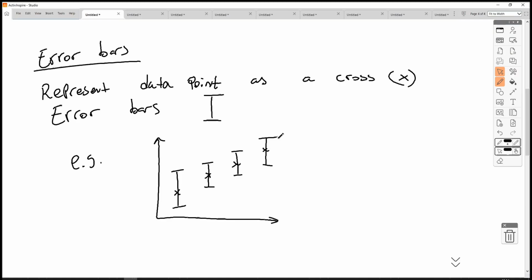So let's think of an example. Okay, so say for example, I wanted to change the height of a ramp and see how long it takes for a ball to roll down that ramp. Yeah?